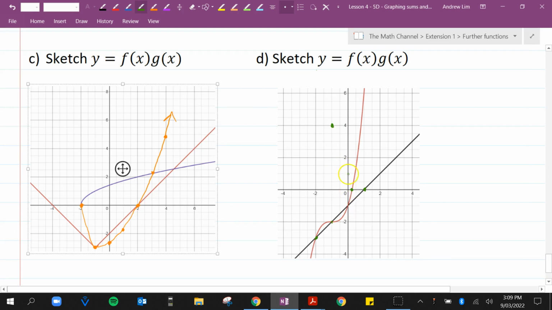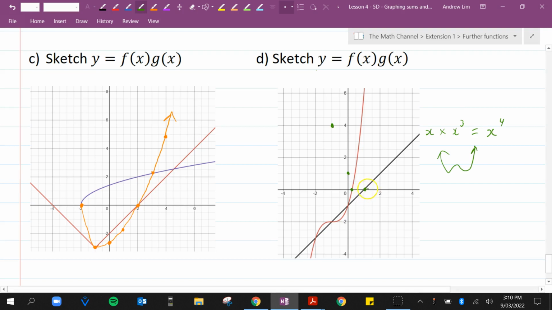Minus 1 times minus 1 is 1. Alright. Oh, maybe I should have also noticed that this is x, this one here, and the one looks like it's a cubic. So it's going to be x to the power 4, so I know it's probably going to be a bumpy parabola.